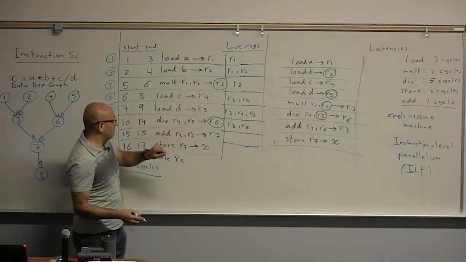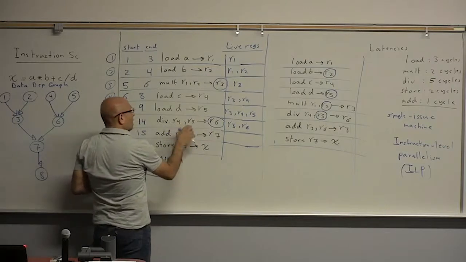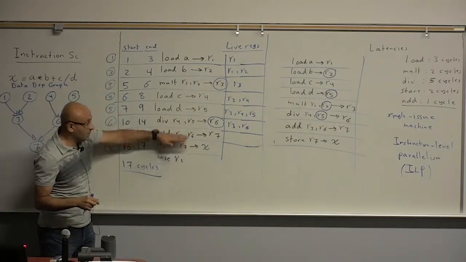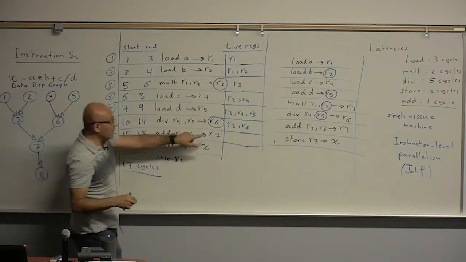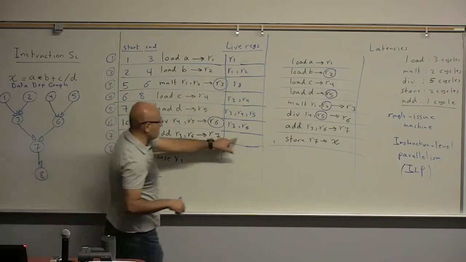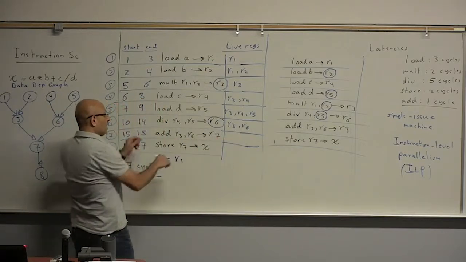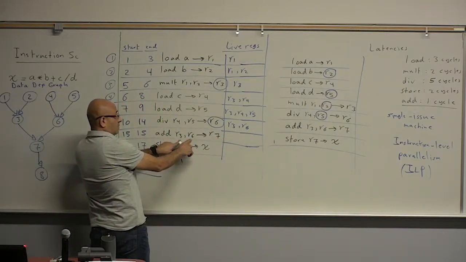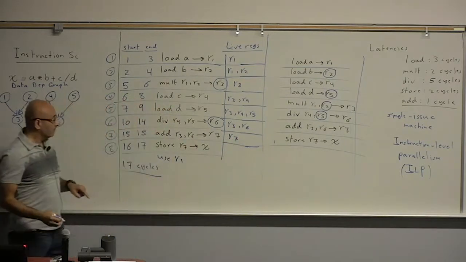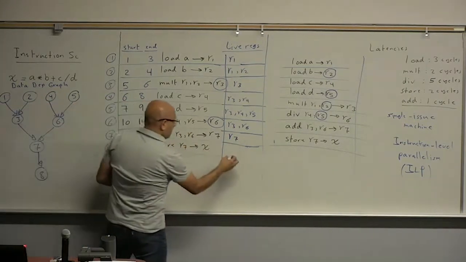So R3 is live. But R4 and R5 will not be live after this instruction. They are not used below. Okay, so only R3 and R6 are live. And here, R3 and R6 are used. So they are no longer live. Only R7 is live. And here, nothing is live.